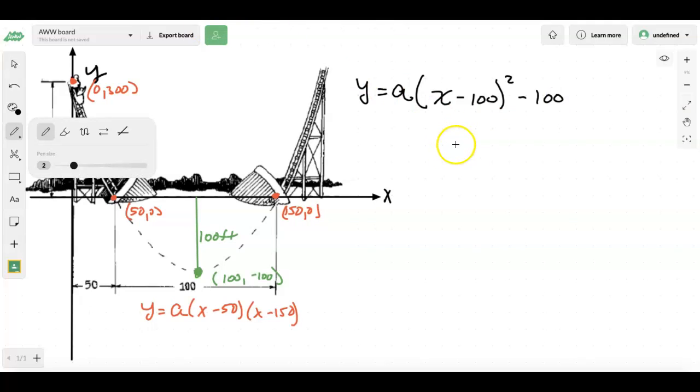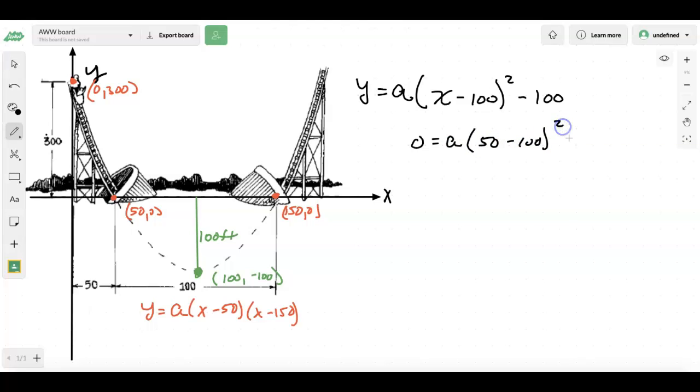In the interest of small numbers, let's use the point (50, 0) to solve for a. So our y would be 0 equals the number we're trying to find out, times 50 minus 100 squared, minus 100.